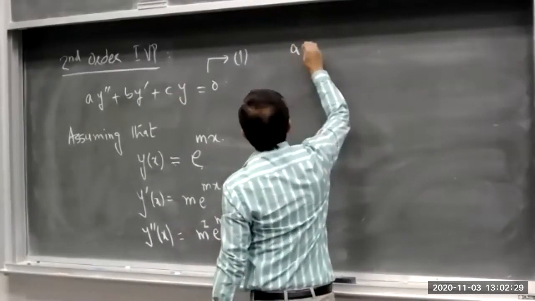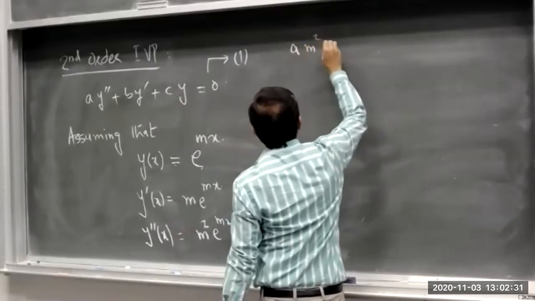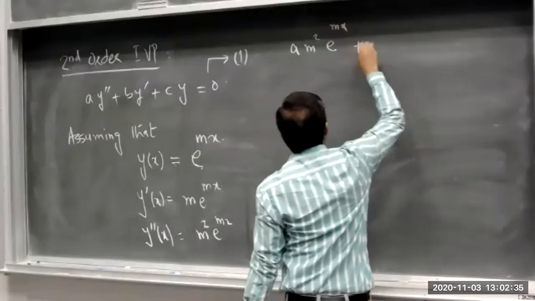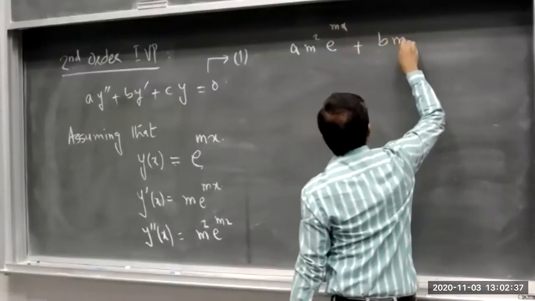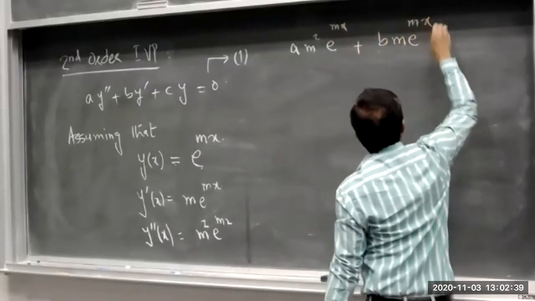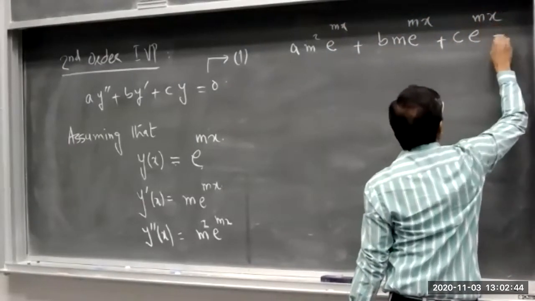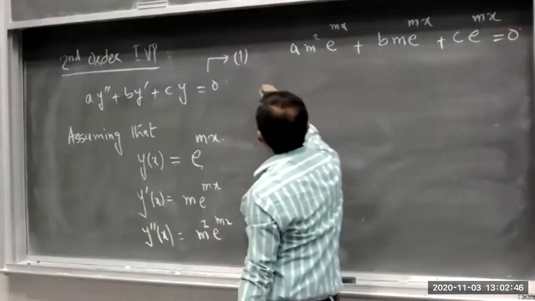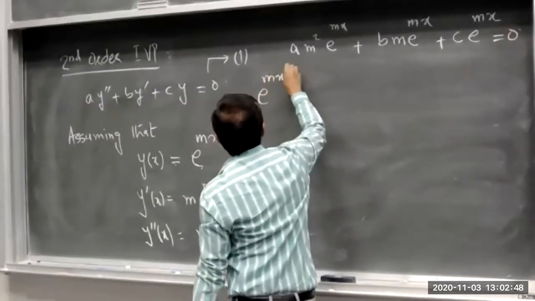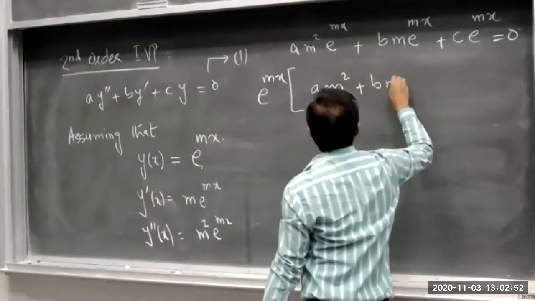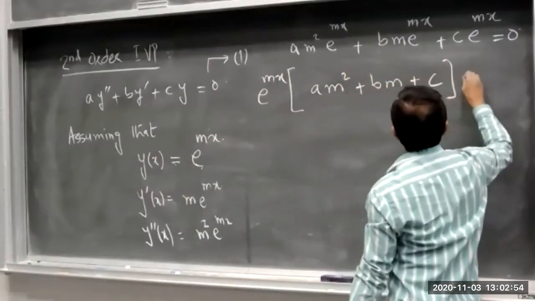A times m square e raised power mx plus b m e raised power mx plus c e raised power mx equal to 0. E raised power mx आप common ले लें. What do we get here? am square plus bm plus c equal to 0.